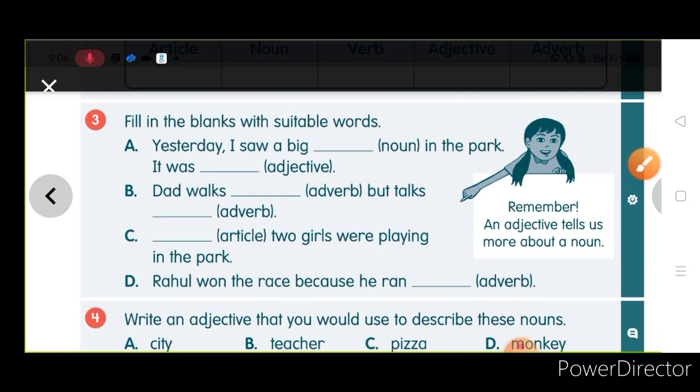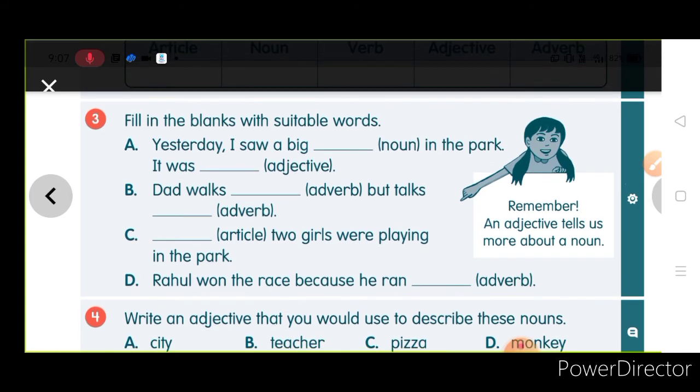Now next one is fill in the blanks with suitable words. Just now in the worksheet we have done for your birthday party, if it is a describing word or a naming word or a pronoun, whatever they asked, you have done it. In the same manner here also you have to see and write down. Whatever the parts of speech is given, adjective means adjective, noun means noun.